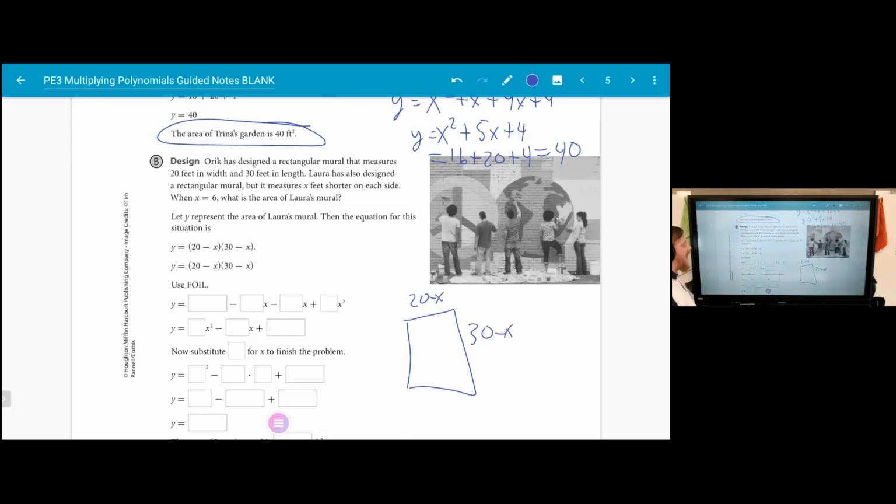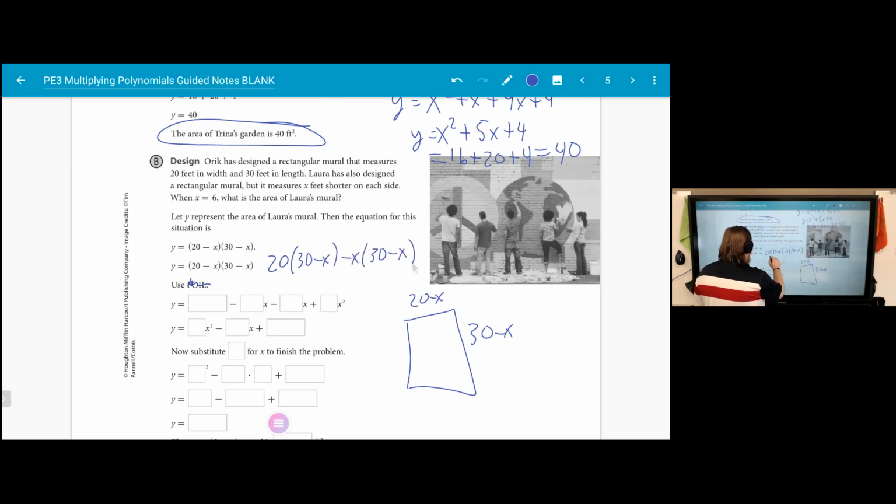What's the area? Well, we can multiply these two binomials together. And if we do that, we don't have to use FOIL. You can use distribution. It works just fine. You have 20 minus x times 30 minus x.